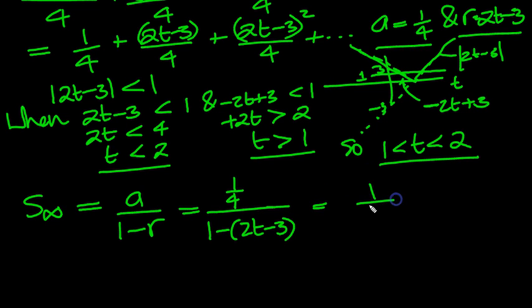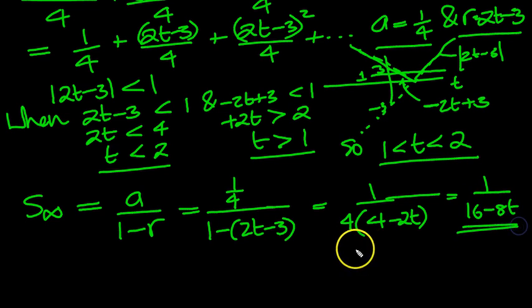So the 1 can stay on top, the 4 can come down to multiply through the bottom row, but we'll just work out what the bottom row is first. So let's put a bracket here. And we've got 1 minus (2t minus 3). So the minus runs through the whole bracket, so it'll be plus 3. So that'll be 4 minus 2t, which is 1 over 16 minus 8t. There we go then. That's the sum to infinity of this sequence.